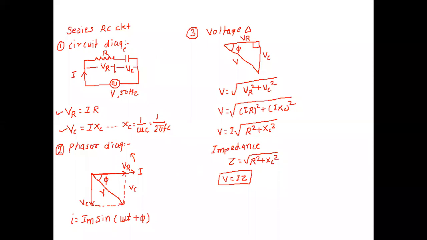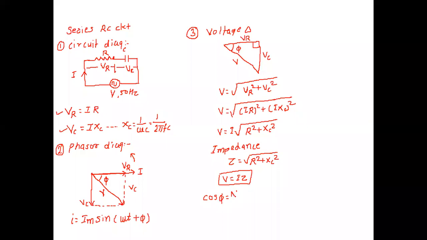Okay. After that, you can also write the formula for power factor. What is meant by power factor? It is nothing but the cos of the angle between voltage and current. Now see the voltage triangle and tell me how you can calculate cos phi.